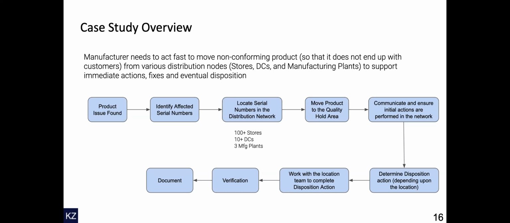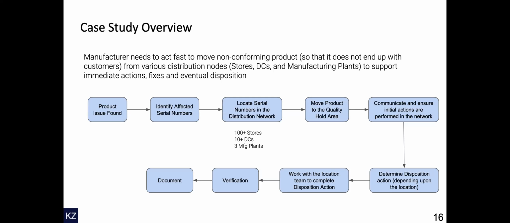If there is something wrong, they need to act immediately, try to understand what the fixes are, and ensure that it is appropriately disposed of as an eventual step. Okay, and the distribution chain is quite extensive. It includes 100 plus stores, 10 plus distribution centers, and 3 manufacturing plants.